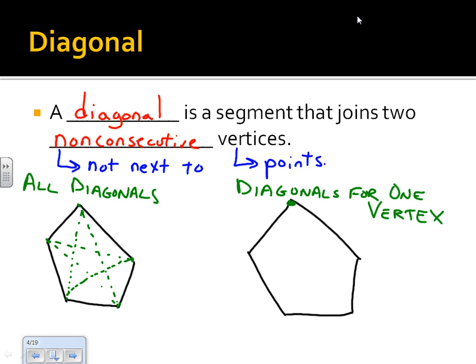Can I draw it to here? No. What about here? Yes. Okay. There's one. Can I draw it to here? Yes. And then here? No. No. So if I do it just from one vertex, it's going to look like that. Does everyone see the difference between all of them and then just from one point? Okay. Any questions on this? So diagonal is pretty easy.